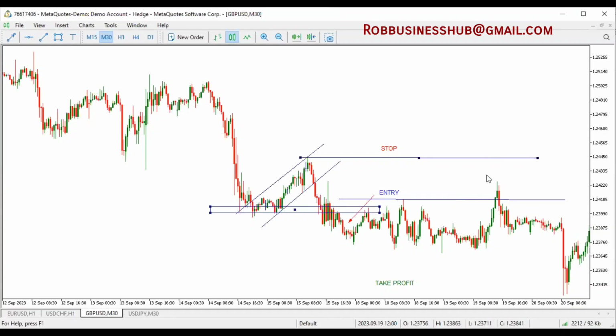But I always give advice, which is very important. If you're using a wider stop, use a smaller lot size. If I'm using 0.2 here with this level as my stop, and I decide to increase the stop, then I should reduce my lot size to maybe 0.1, so that even if the market retraces and stops me out, I will still lose the same amount I would have lost if I put my stop at this level.